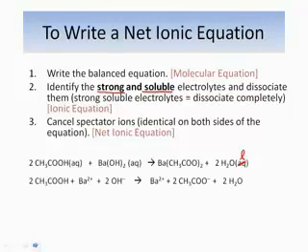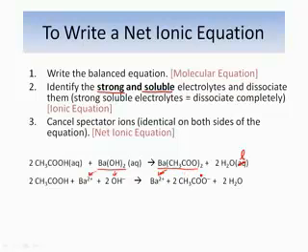So we take our strong soluble electrolytes, all right? So we have two. We have the barium hydroxide, all right? Barium hydroxide dissociates into a barium ion and two hydroxides. And then the barium acetate is our other strong and soluble.